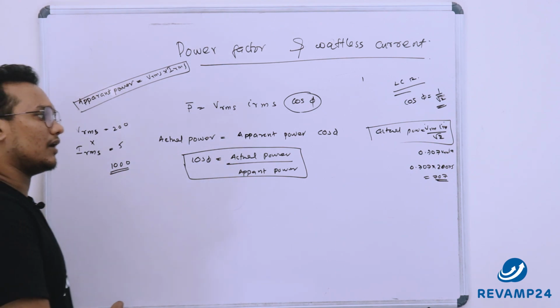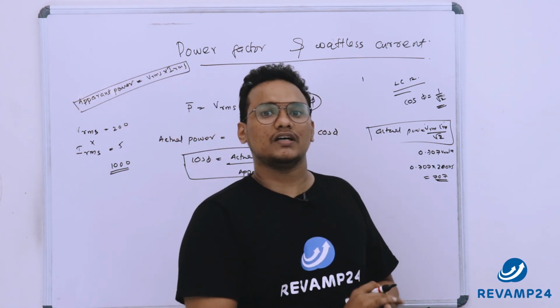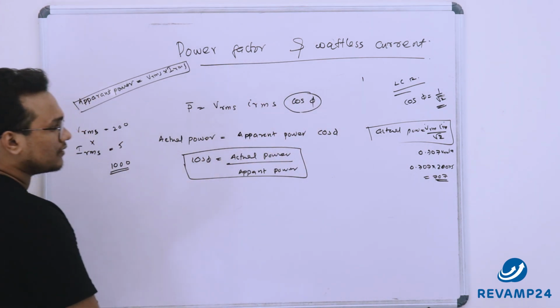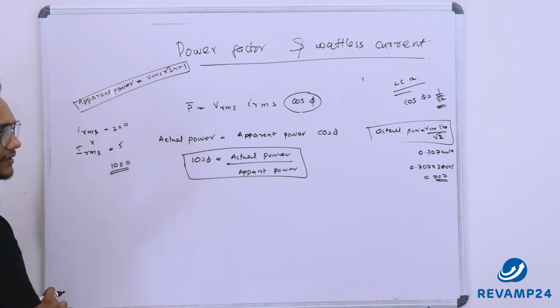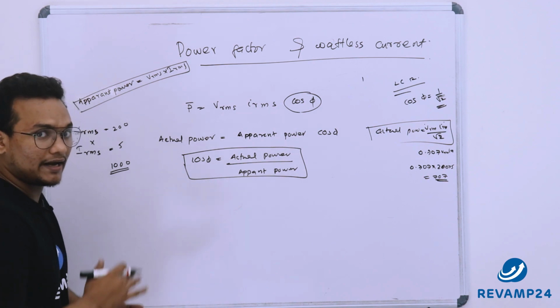So this is the reason refrigerators are rated with 5 stars, 3 stars, 2 stars, which gives us a value of power efficiency. Higher the power factor, higher the efficiency.